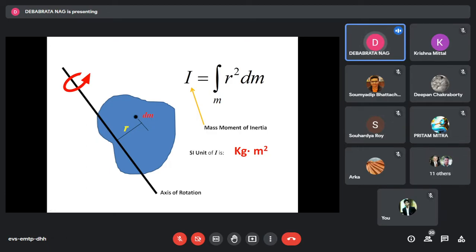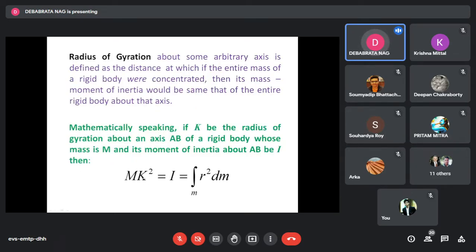Normally the radius of gyration is defined by the symbol small k. So it means capital M into small k square should be equal to I, where capital M is the integration of dm, that means the entire mass of the body. Although I used the symbol capital K, it is normally the practice to use the small letter for the radius of gyration.